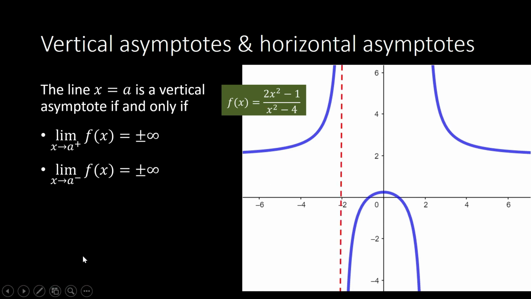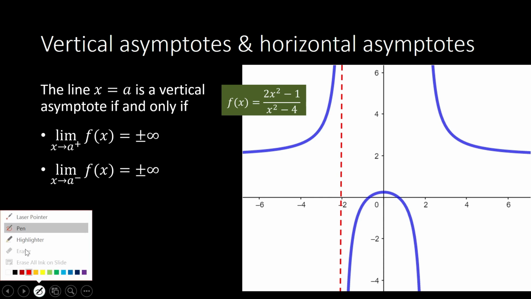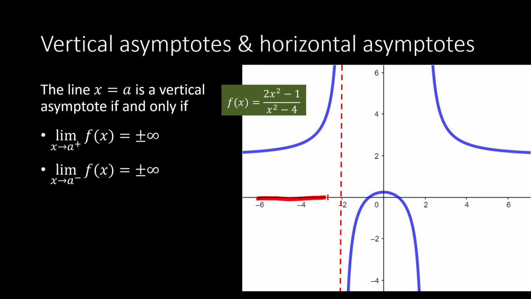But in terms of limit, this is how our function behaves in relation to the vertical asymptotes. As x approaches negative 2 from the left, your function goes towards infinity. But you can also approach negative 2 from the right. As x approaches negative 2 from the right, your function goes to negative infinity. So this line here is a vertical asymptote.